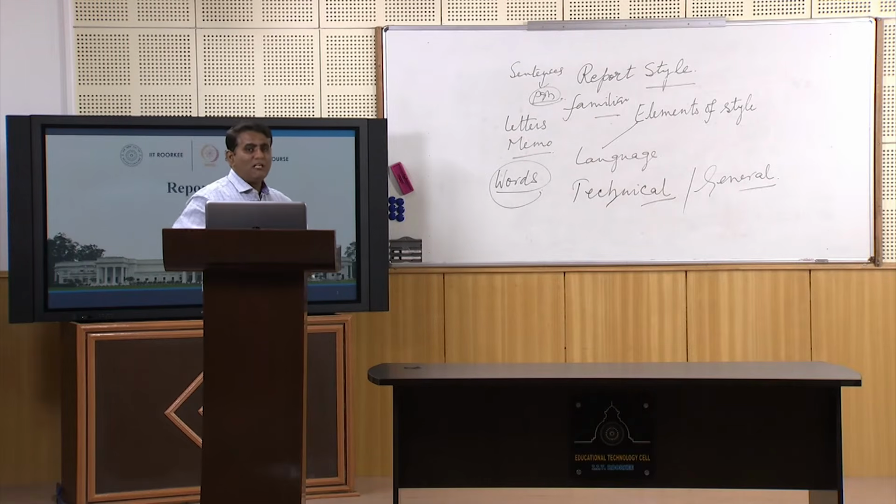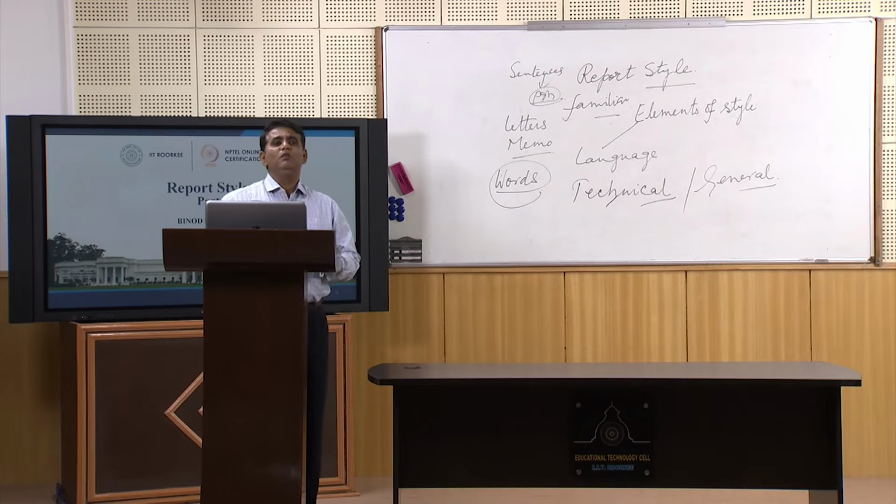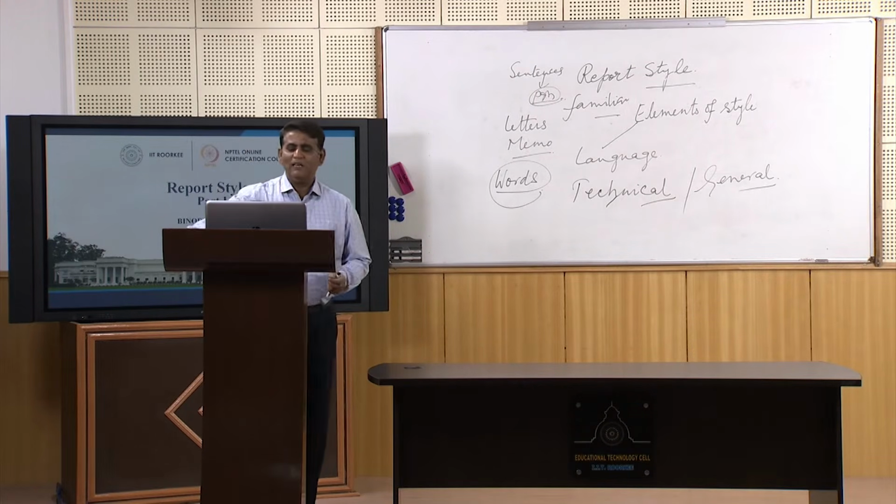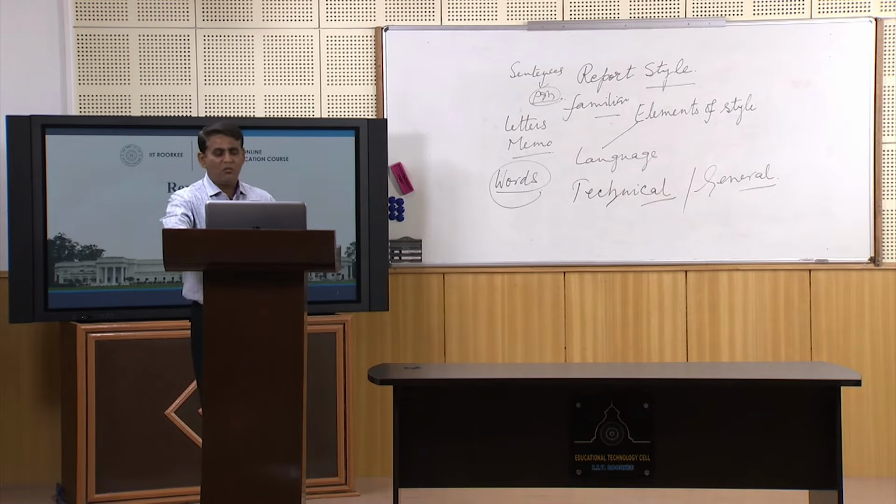Hence, as a report writer, what you need to do is see the level, because you cannot understand the level of all your readers. Hence, there is a third way, and the third way is to try to make use of those words which are at least familiar. Now, when you talk about words, let us see what Nathaniel Hawthorne says about words.